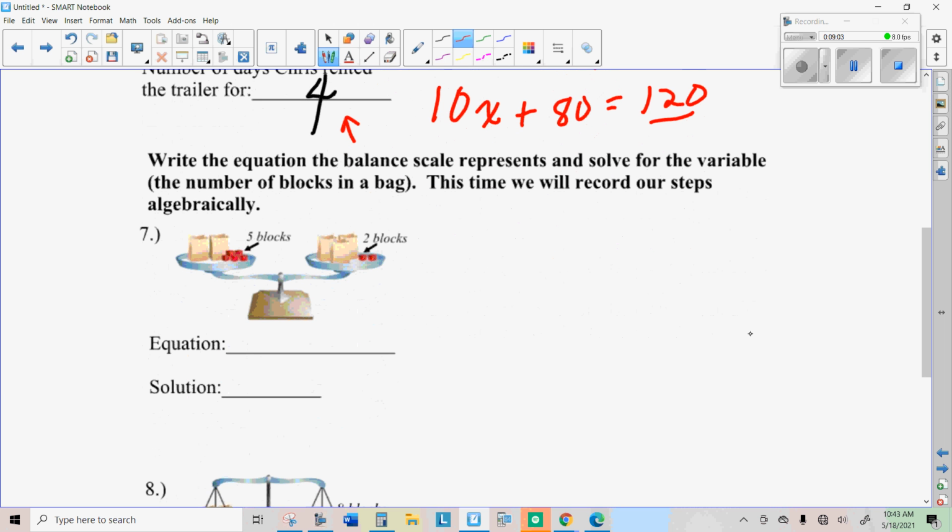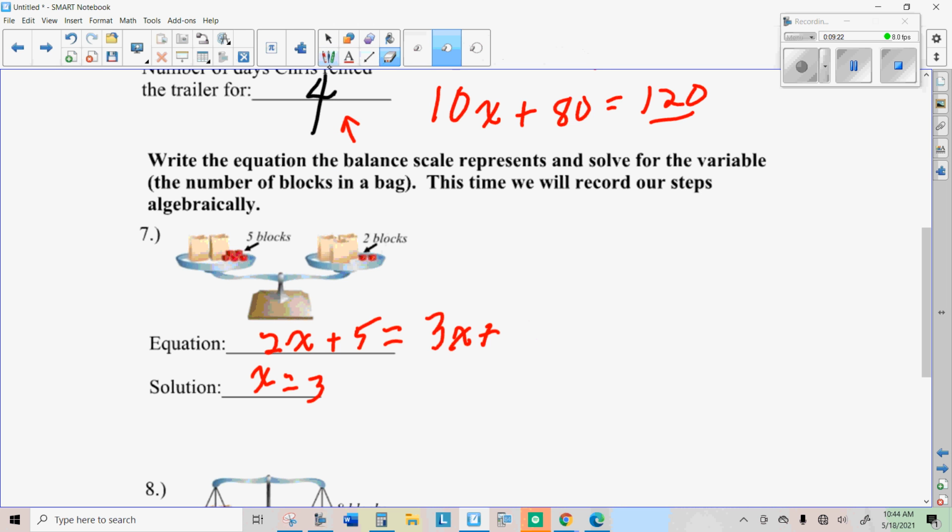You guys have seen this, so go ahead and write the equation and then solve it. Okay. Now, if we completely want to show our steps algebraically, here I would take away 2 bags from both sides, and then I would take away 2 blocks from both sides.